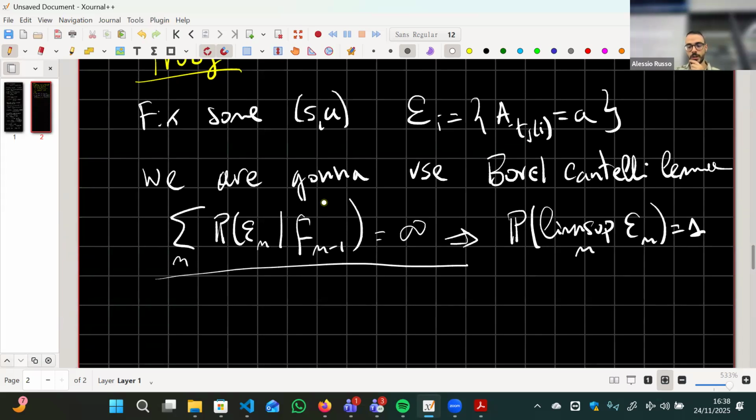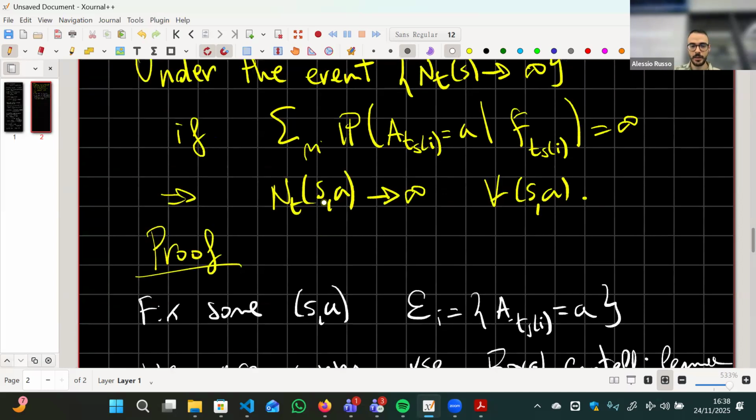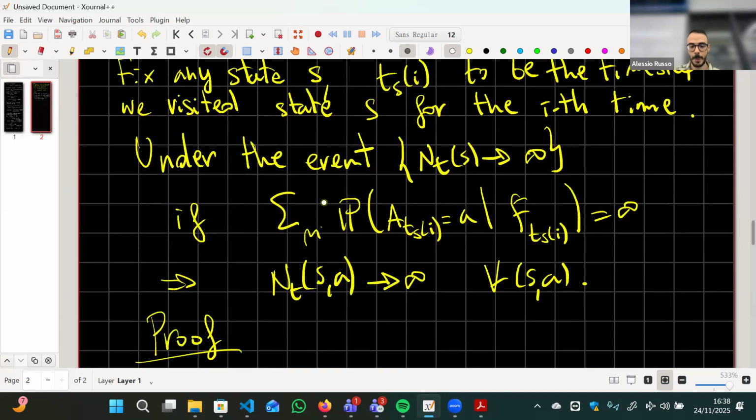So this equation here is simply telling you that the event that you are considering here will happen infinitely often. So we are gonna simply apply this lemma here.